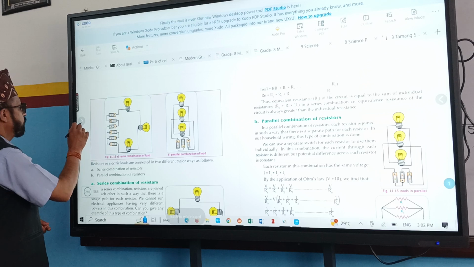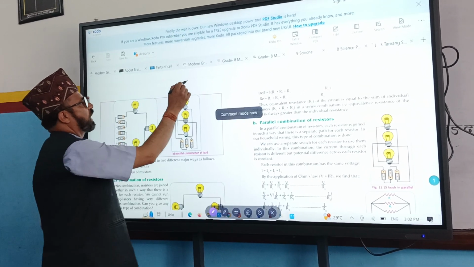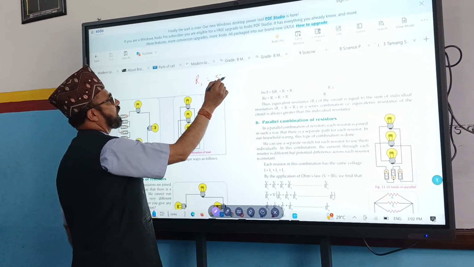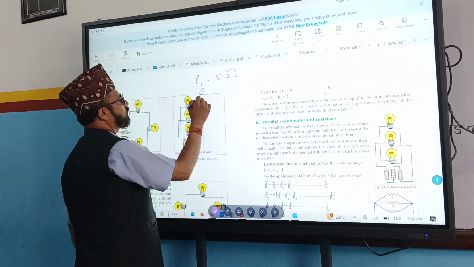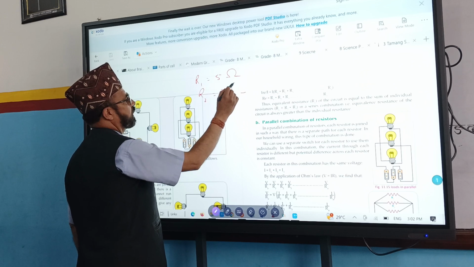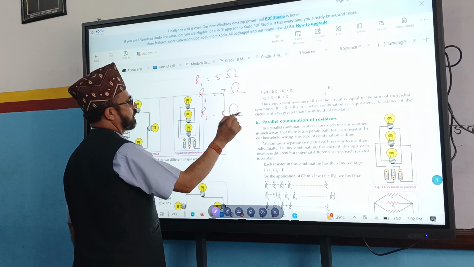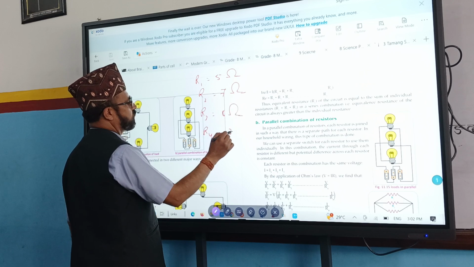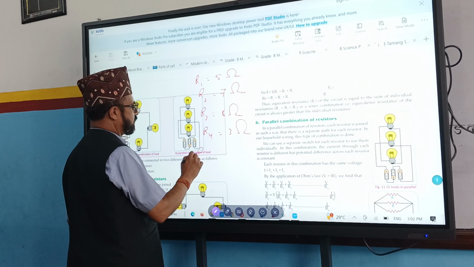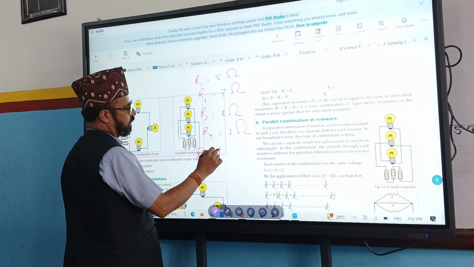For example, if the resistors are connected like this, if R1 is 5 omega, R2 is 7 omega, R3 is 8 omega, R4 is 3 omega, then what is the total resistance? What is the formula?